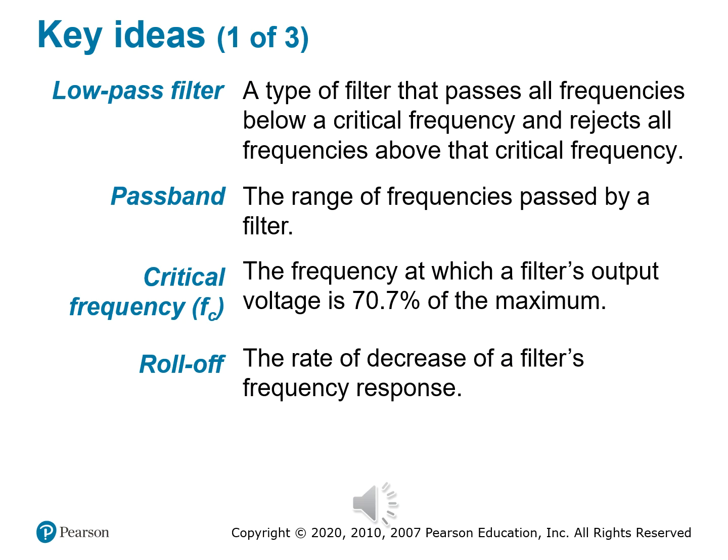The next term is pass band, the range of frequencies passed by a filter. The next term is critical frequency, denoted by f sub c, the frequency at which a filter's output voltage is 70.7% of the maximum. And don't forget the roll-off, the rate of decrease of a filter's frequency response.